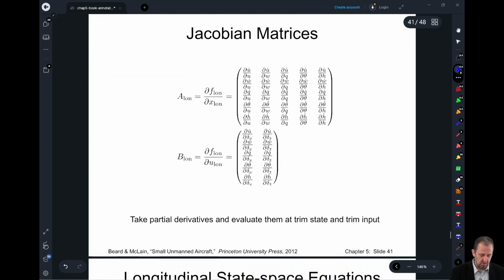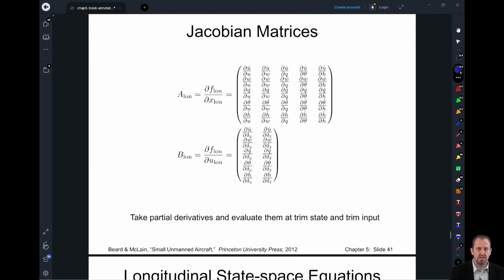Okay, so similar to before, we're going to be able to define our Jacobian matrices, and we're going to evaluate these at our x ln star, u ln star, right? So that they can become constant matrices. And we don't want to forget that.